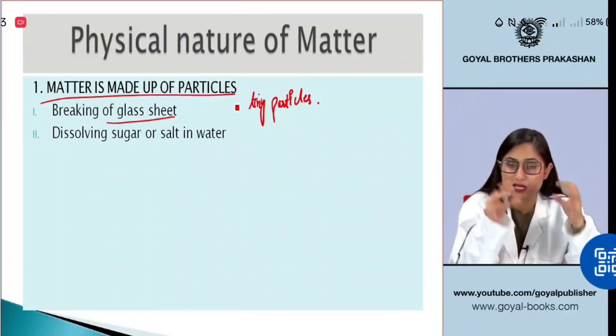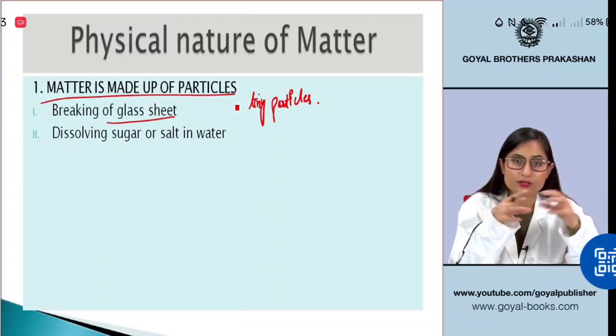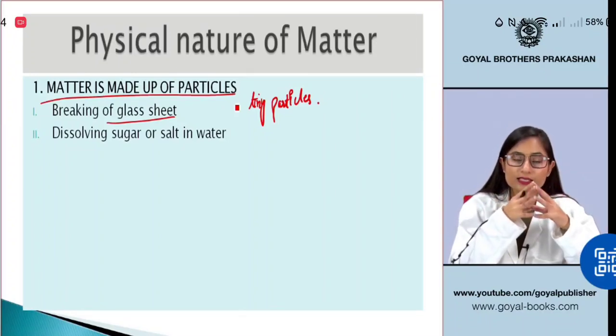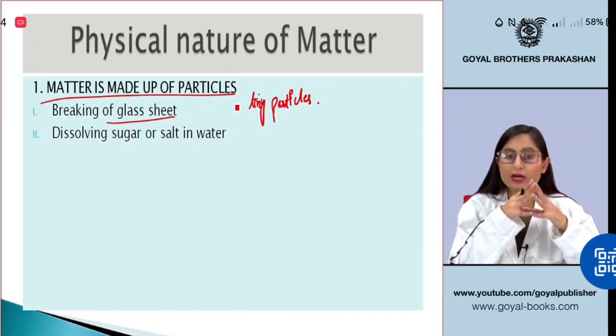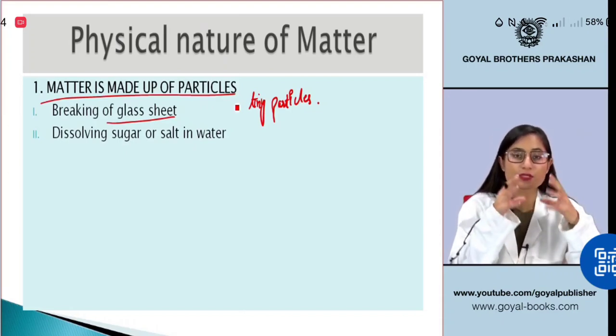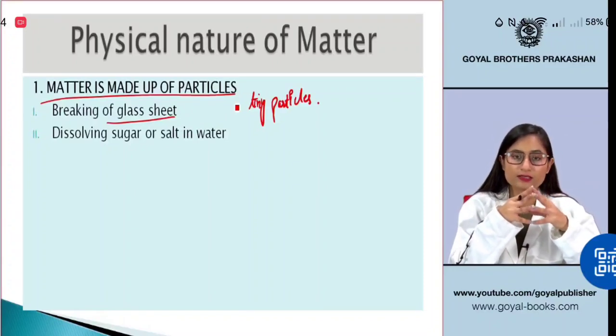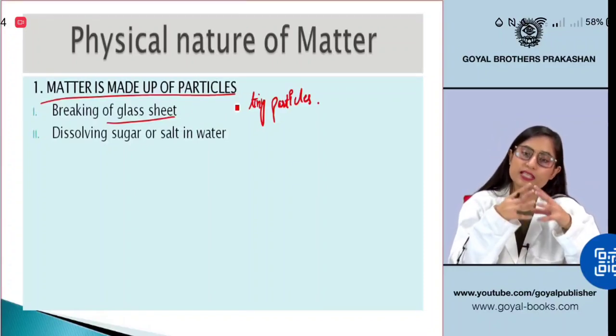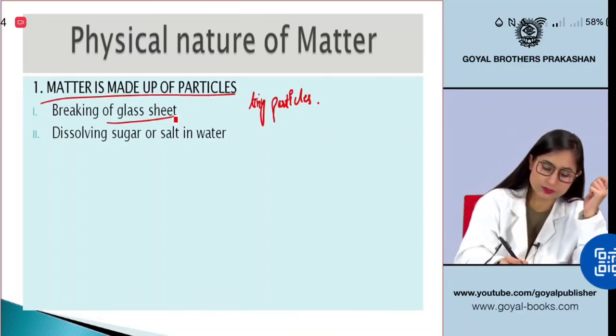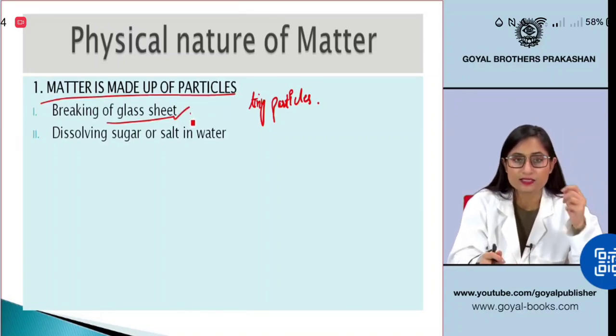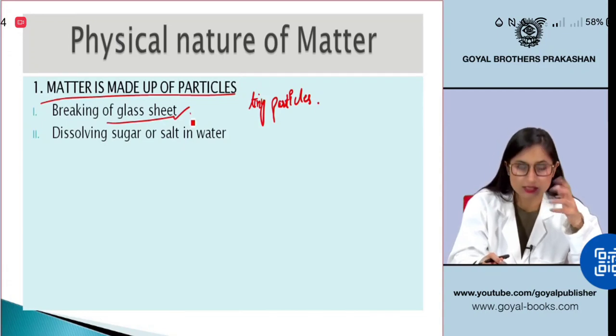There are very tiny particles and bigger pieces also, which means that glass was made up of those particles only, correct? After breaking it gave the particles. This is the easiest example that you see around yourself.